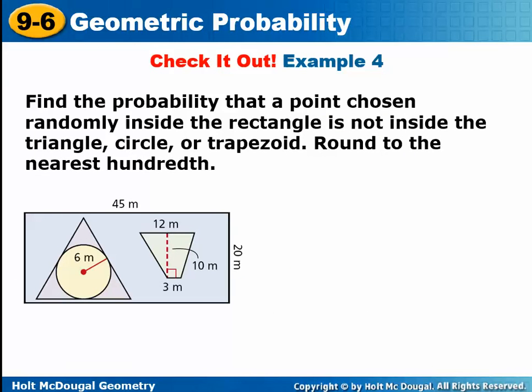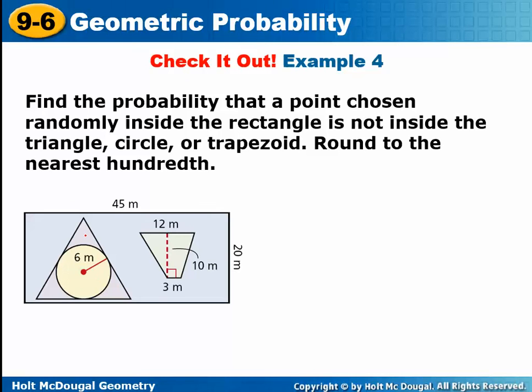All right, so here's a problem for you to solve, and then you can check your answers. Pause the video and try this one on your own paper. All right, this says to find the probability that a point chosen randomly inside the rectangle is not inside the triangle, circle, or trapezoid. So one thing to notice is that the circle is already inside the triangle.